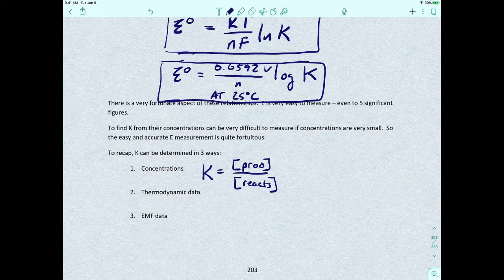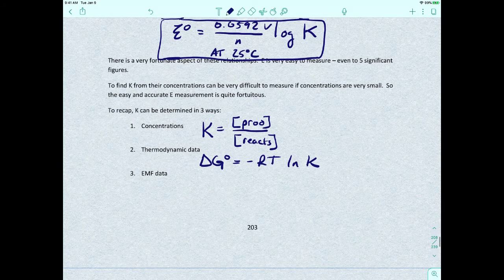The second way was through thermodynamic data, that once we knew the Gibbs free energy at standard state, this was equal to negative RT natural log of K. Now we can relate K to electromotive force data, EMF data, that the cell potential is going to be equal to RT divided by NF times natural log of K. So we can relate all of this cool stuff.